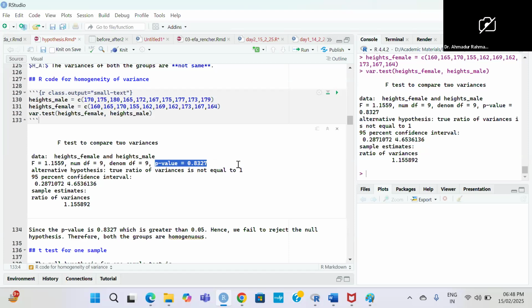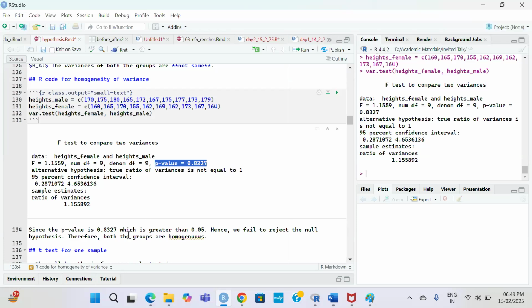The p value is 0.8327. So when we have this value, that means our test is insignificant. When our test is insignificant, that means we fail to reject the null hypothesis. So when we fail to reject the null hypothesis, the variances of both groups, heights of male and heights of female, are similar. They are the same. I think it is clear.